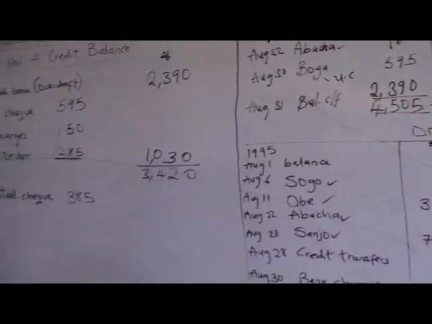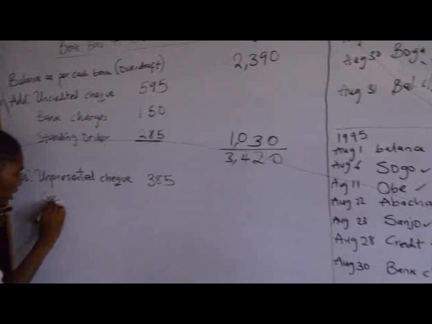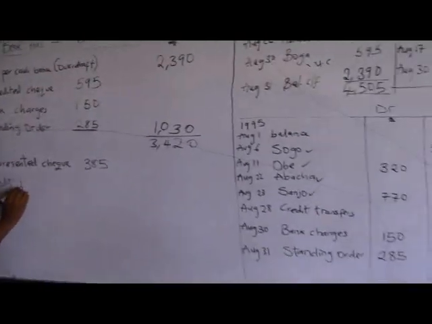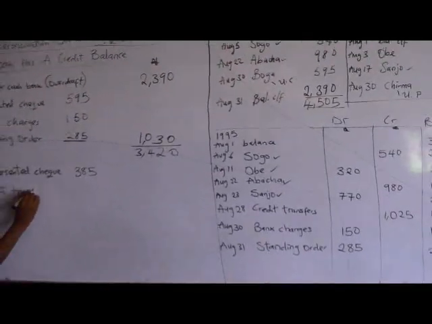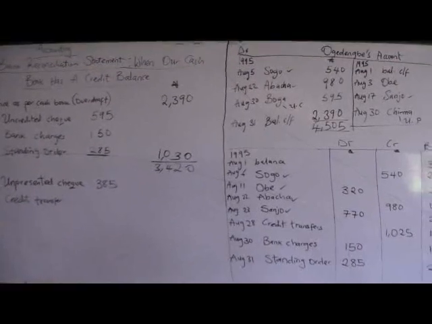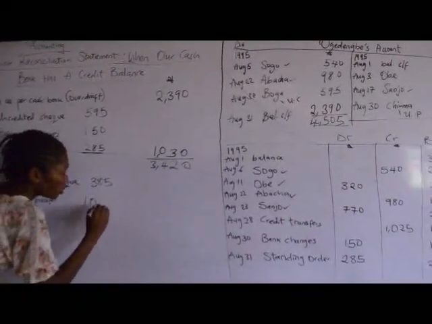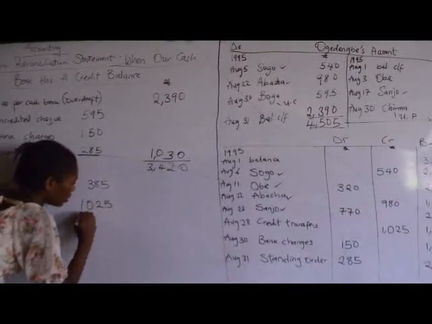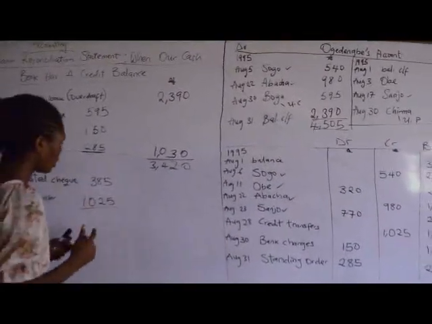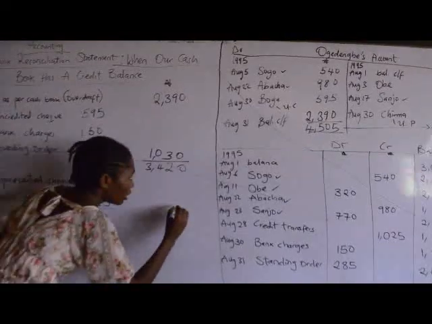Alright, the next one we're going to be lessing is our credit transfers. These were all income that came in. And our credit transfer is 1025 naira. So let's total our net income. Alright, so we'll be adding this.